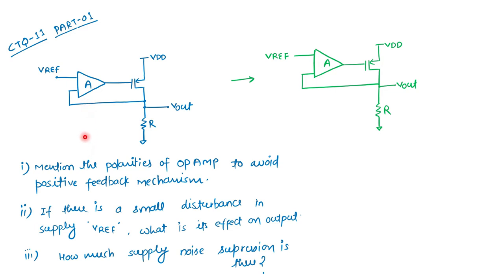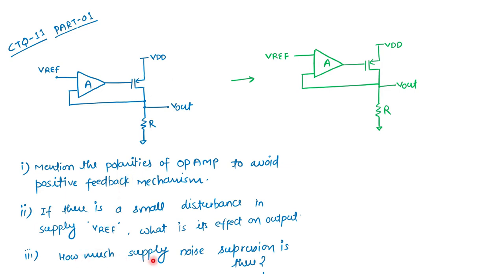Okay, so the other thing is that if there is a small perturbation in the VREF, what is the effect on the output? Simply, I want to see the gain. If on this terminal we are giving some small signal on top of that V reference, what is its effect on the output? Simply means we have to calculate the gain. Okay, so we are in the negative feedback system, so what should be the gain? We can calculate it easily.